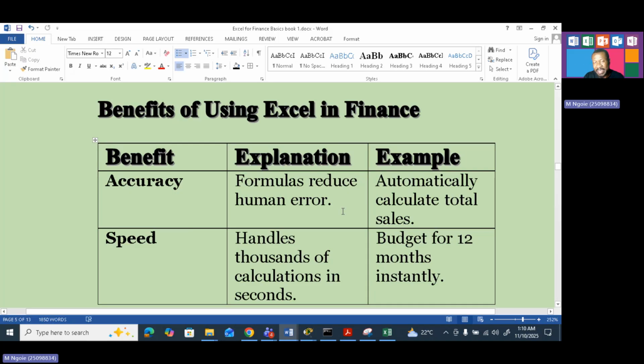You are making money in your business. You cannot use papers. Yes, you can do it, but you're gonna make mistakes. So to reduce errors, you can use a software or an application that allows you to do automatic calculations. So for accuracy, you can use Excel, for example, to automatically calculate total sales.